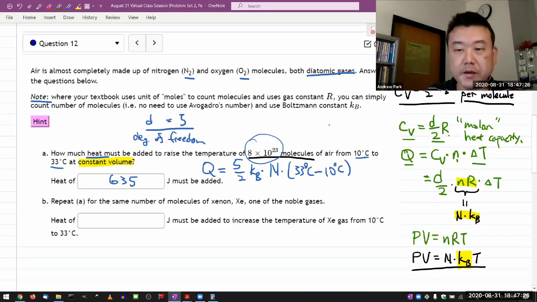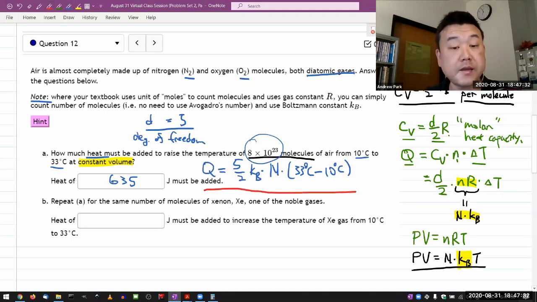So for part B, it'll be basically the same calculation as what we did here, except that noble gases are all monatomic. They don't form molecules. So xenon is just going to be a single atom particle. So the degree of freedom for the monatomic gas will be 3.